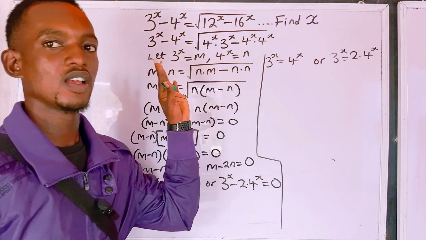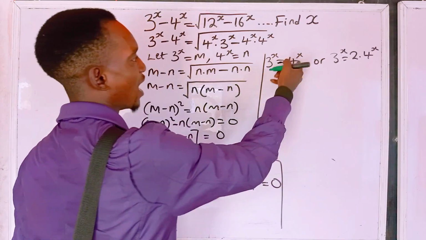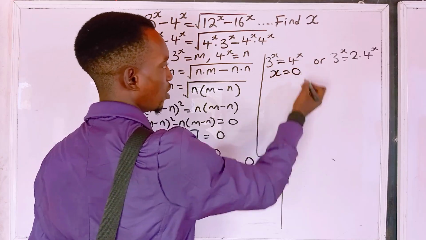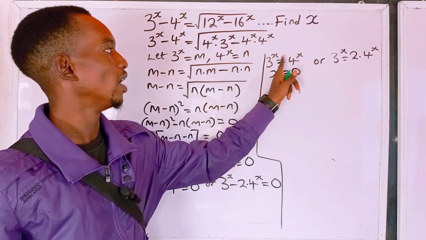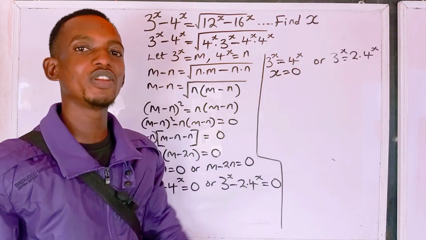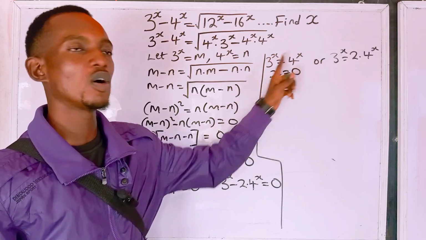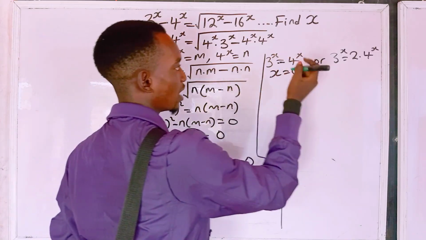So we'll now solve this normally. By looking at this, 3 to the power of x equals 4 to the power of x, it means x here must be equal to 0. Why? Because the power is the same, but the bases are different. The only way this can be possible is when x equals 0, because 3 to the power of 0 is 1, 4 to the power of 0 is also 1.